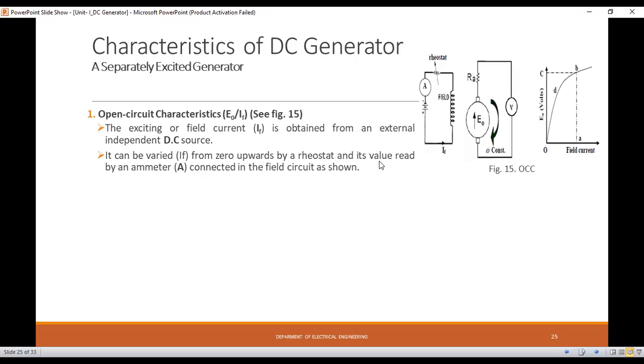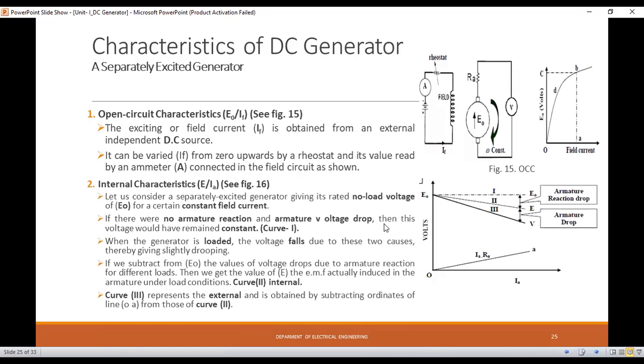Today we will discuss the next characteristics of each machine. So see, the second one is the internal characteristics. In the case of internal characteristics, again it is for a separately excited DC generator.